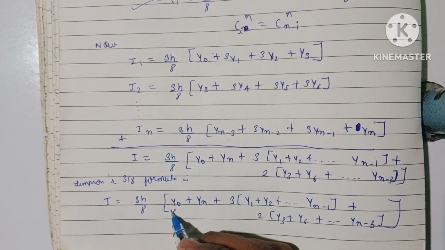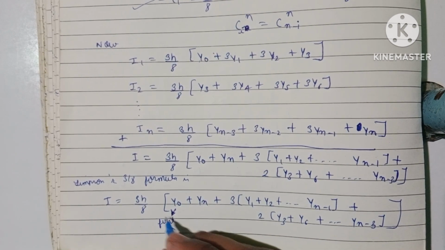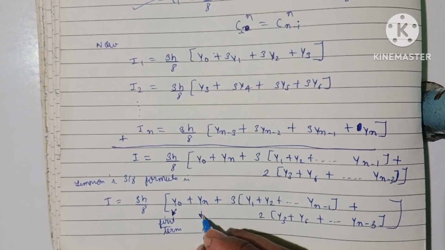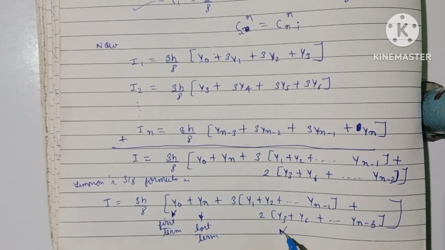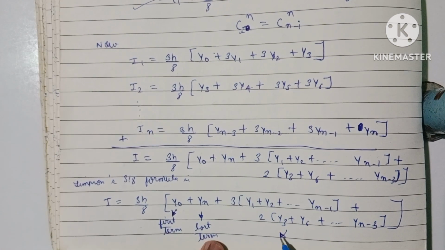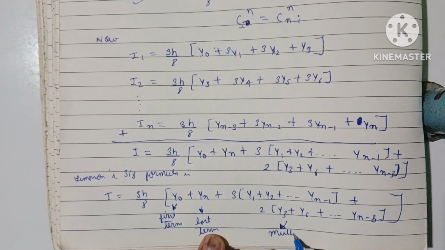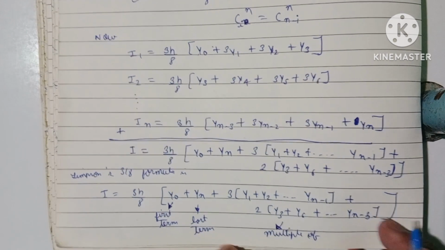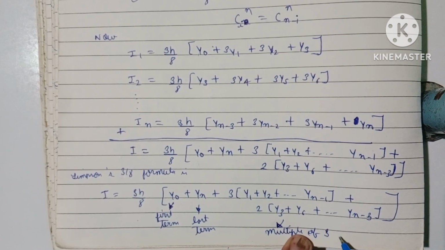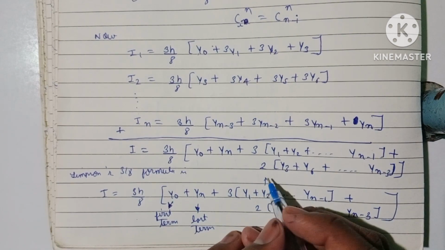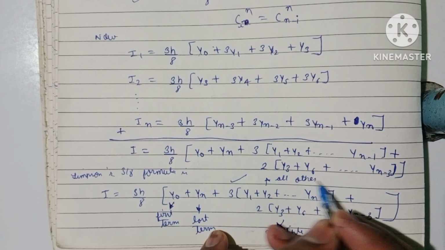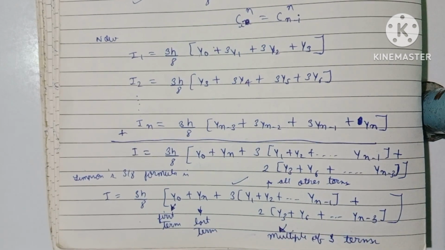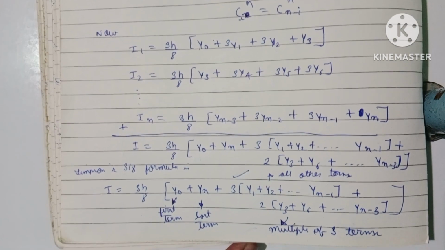These are the first term and the last term, then the multiples of 3 terms are multiplied by 2, and all other terms are multiplied by 3. So this is the formula of Simpson's 3/8 rule.